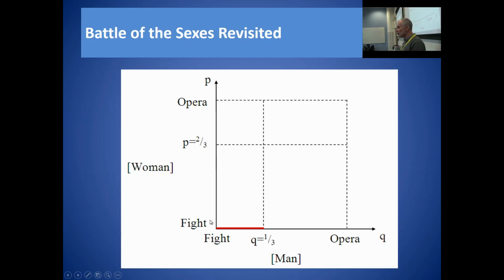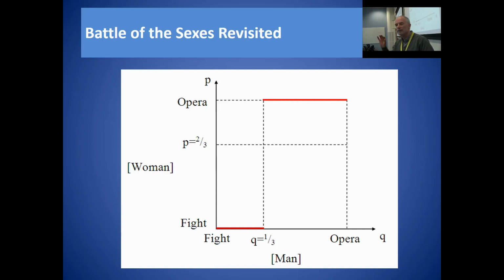And we said when Q was greater than 1/3, that is, we're looking at this part of the diagram here, anywhere to the right of there, the woman always chose to go to the opera. So this is the woman going to the opera. So there you go. Q greater than 1/3, that would be the next part of her best response line.